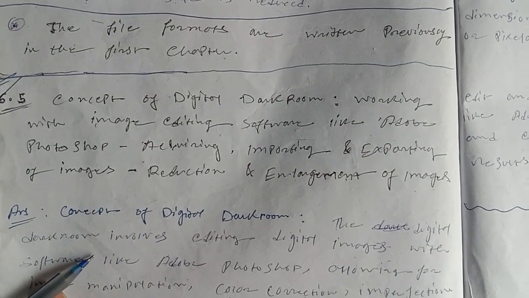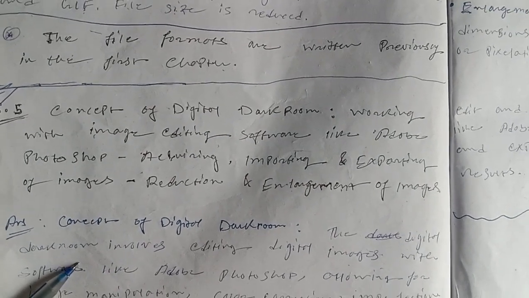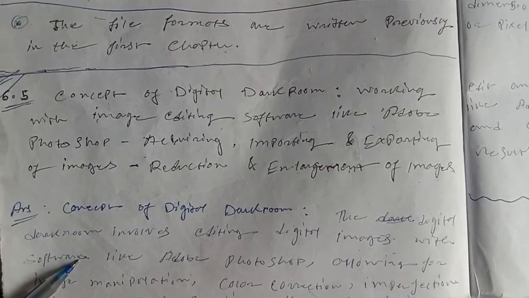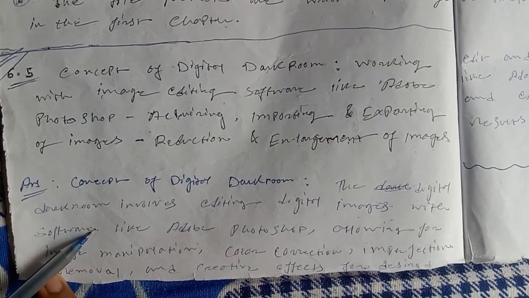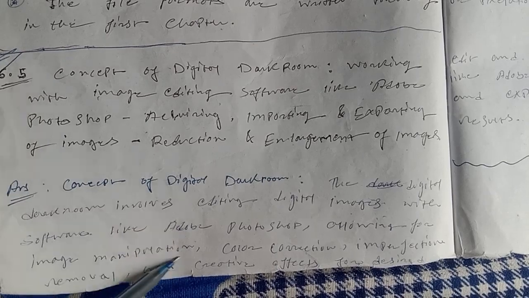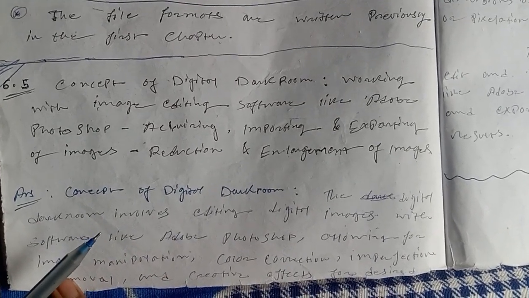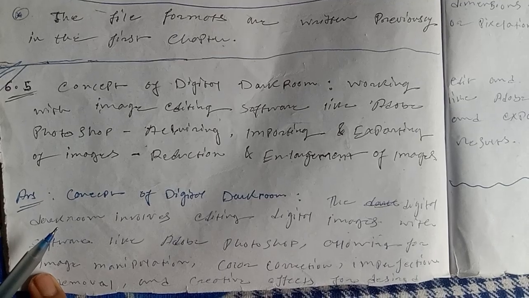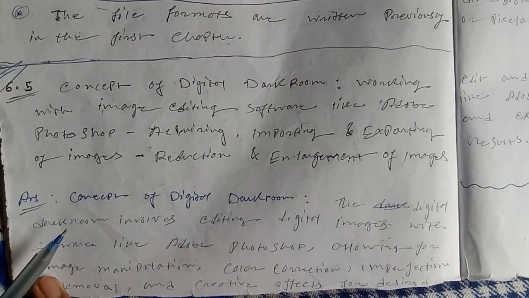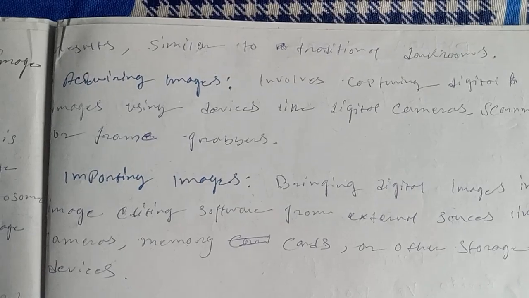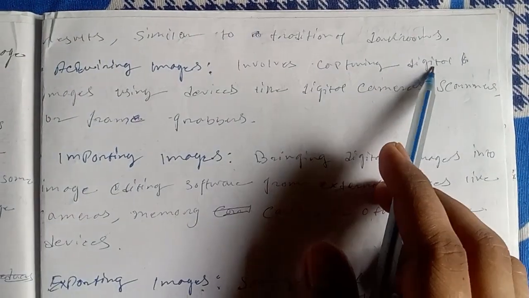What is the digital darkroom? The digital darkroom involves editing digital images with software like Adobe Photoshop, allowing for image manipulation, color corrections, imperfection removal, and creative effects for design, with results similar to traditional darkrooms.